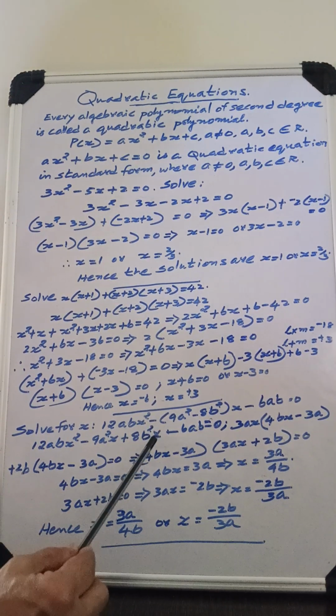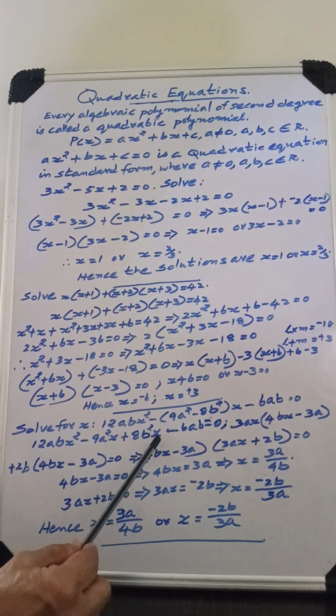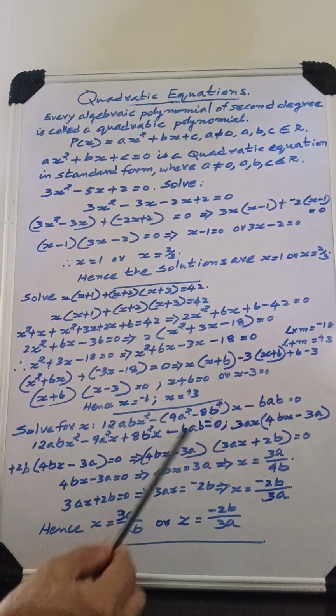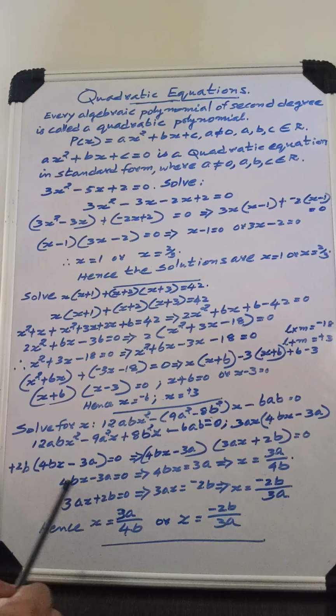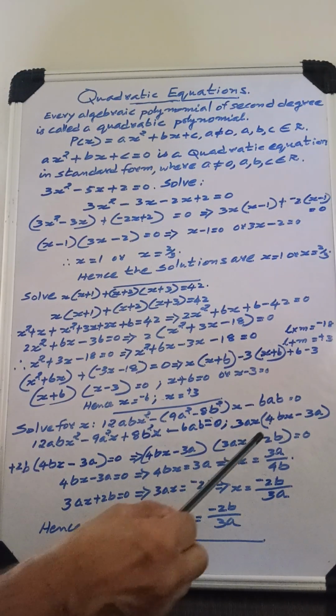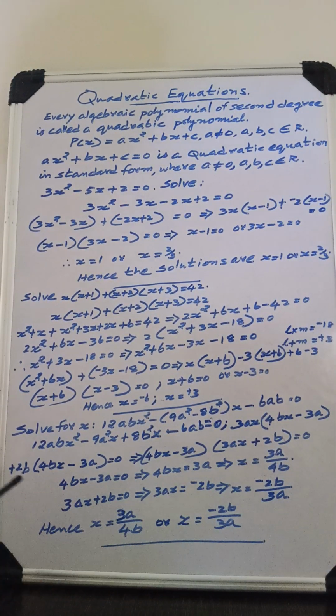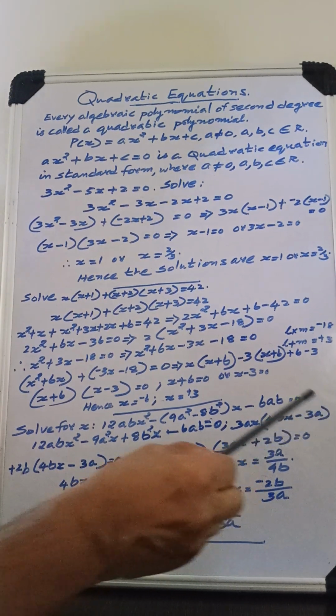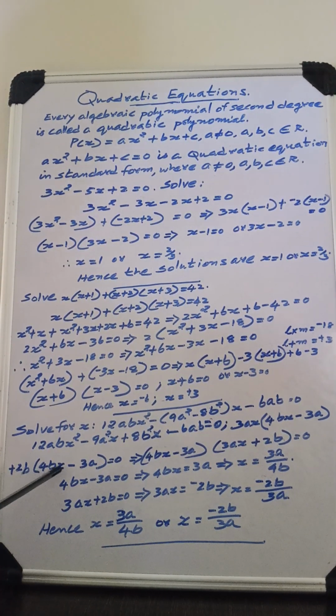2b into 4bx minus 3a. From this we can conclude that factorizing these, we get 4bx minus 3a here and 4bx minus 3a here.